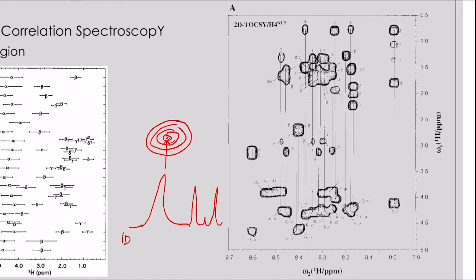What you can see here is the alpha proton. Throughout the spin system, because this is TOCSY, they have the same spin system. So you can see the alpha proton and its connecting spin system. Here is a beta, and then this one is gamma, and delta, and epsilon. As you go further, you have a higher and higher spin system.